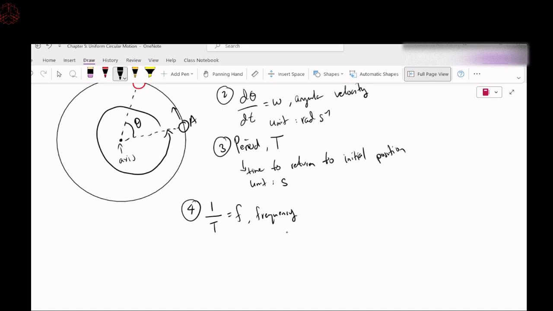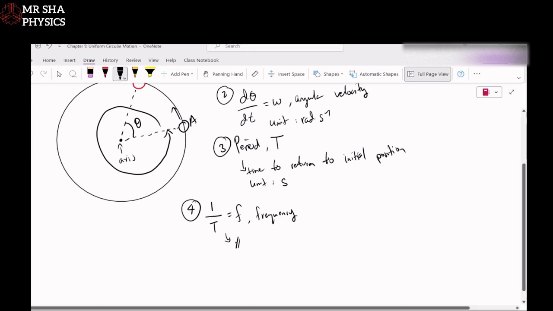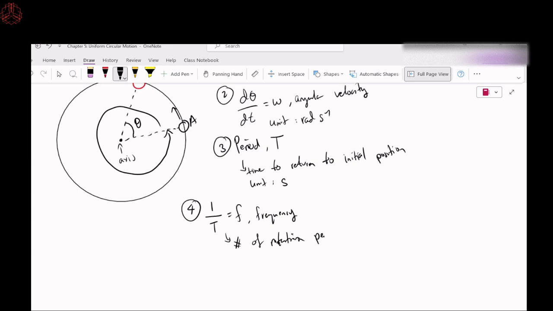Rather than saying what is the time it takes to return to an initial position, we are saying in 1 second, how many turns can it make? So this is going to be number of rotations per unit time.